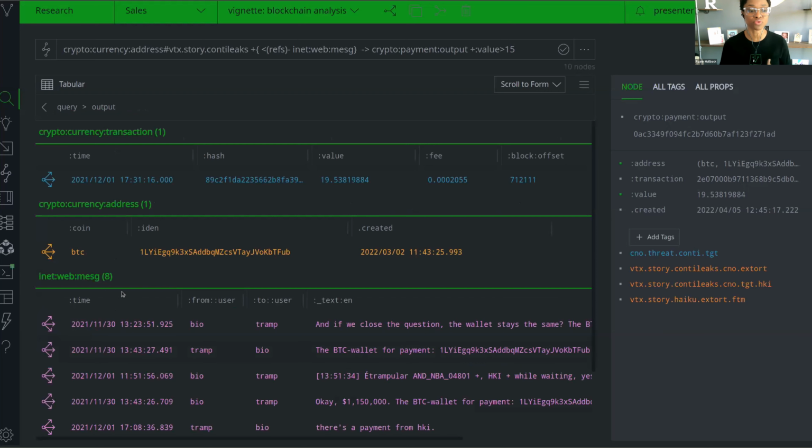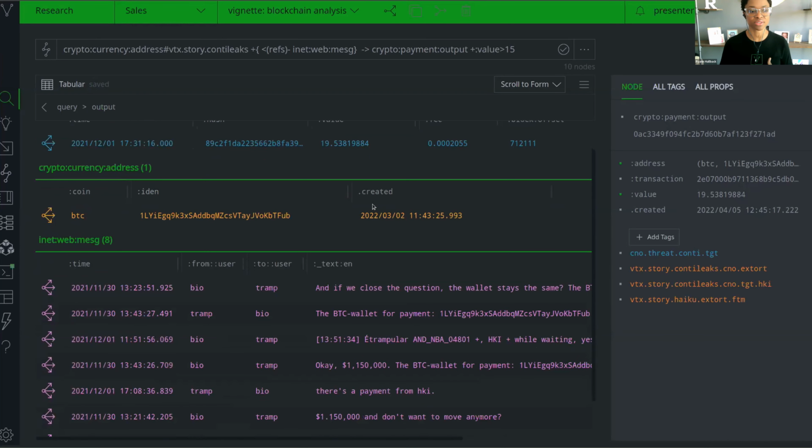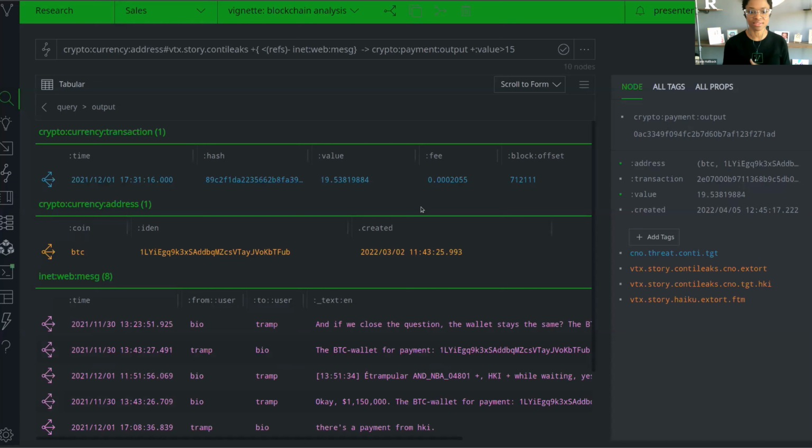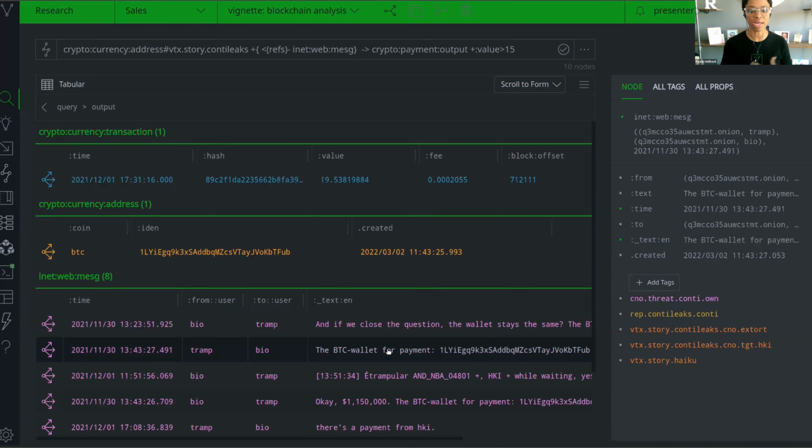So in pivoting over to this address, what you see is we have this context that is linked to this address. We immediately see them reference a wallet payment that needs to be made to this address in November of 2021.